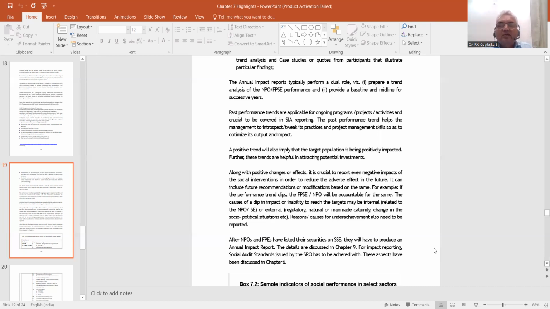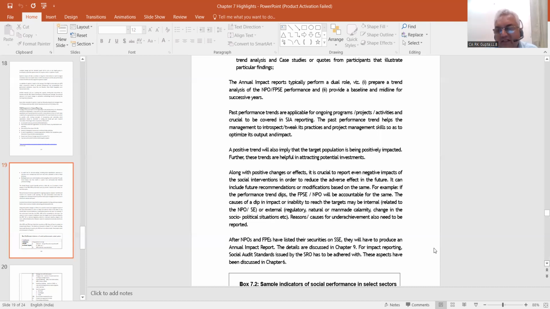Suppose there are some internal reasons for negative impact. Suppose the surveys which we are doing are not in line, they are not able to capture the desired change. This could be one. Or some political ideology is in confrontation with the ideology of the social enterprise. That could be an external factor. So we have to contain the internal and external factors which are leading to a negative effect.